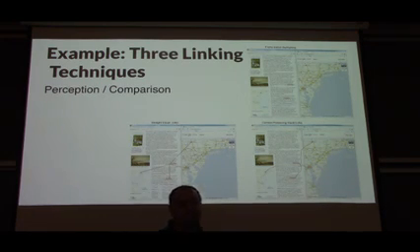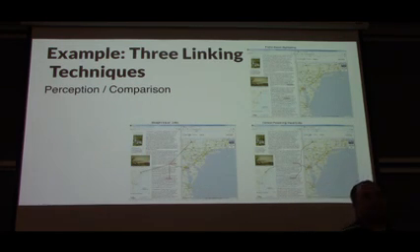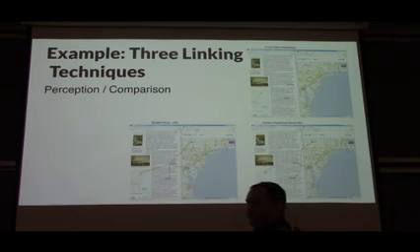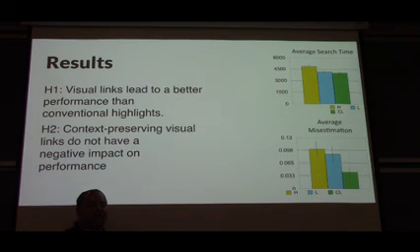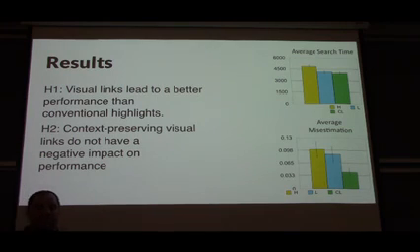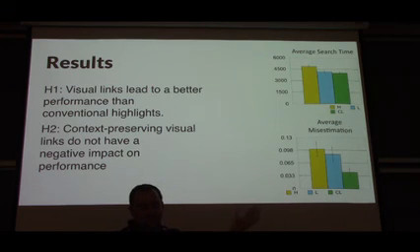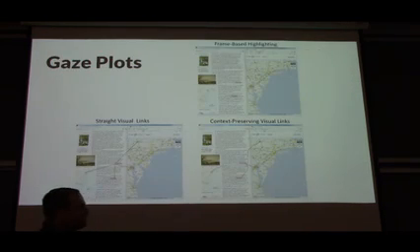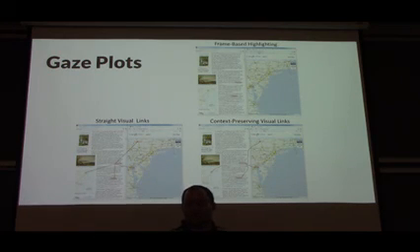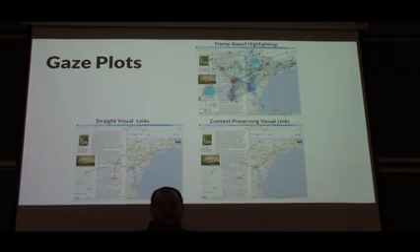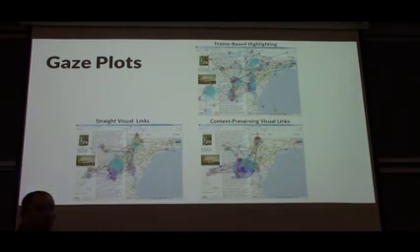We can measure things like performance: how quickly did people identify all of the targets, did they actually identify all of the targets correctly, and so on. And we can create hypotheses and then validate them by measuring things like average search time and average misestimation. It turns out that in this case our hypotheses were true, and we were even able to do eye tracking on top of this. So we can see that there are different ways in which people interact with those systems.